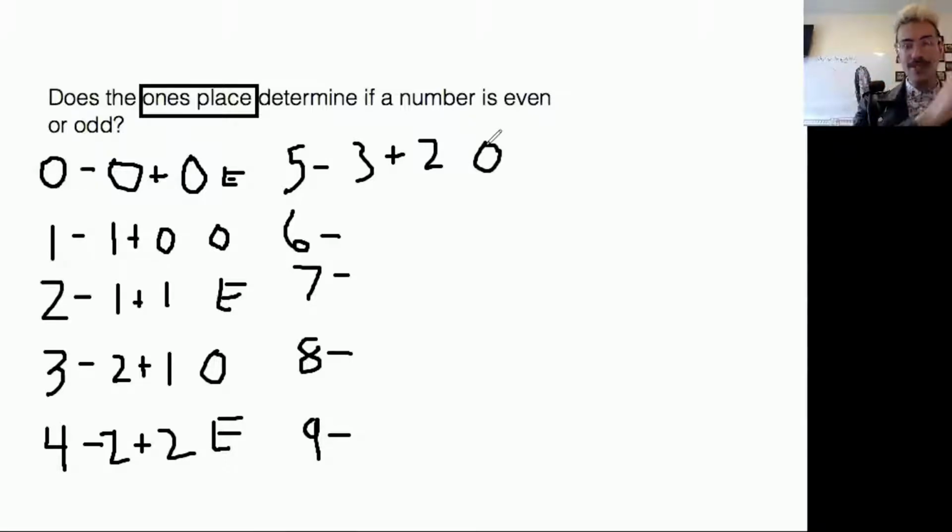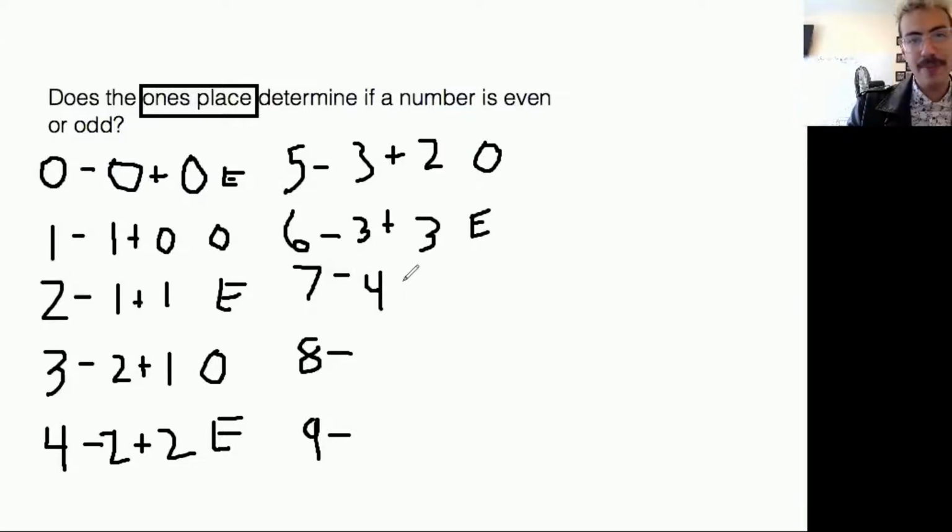Remembering I'm doing only 2 sets of numbers because it is, in fact, trying to split it into 2 different groups. 6, 3 plus 3, 2 groups of 3, even. 7, 4 plus 3.